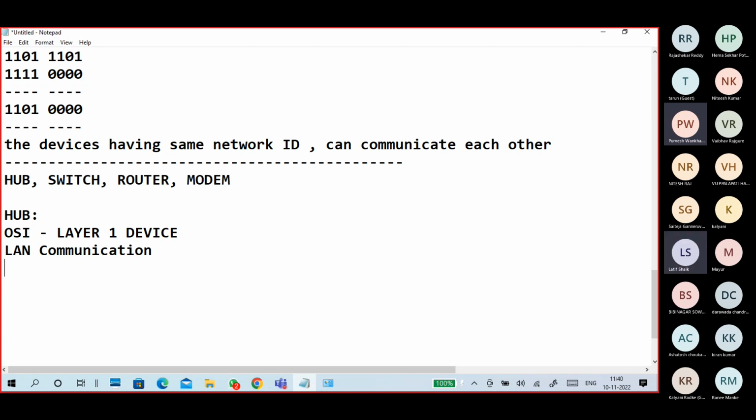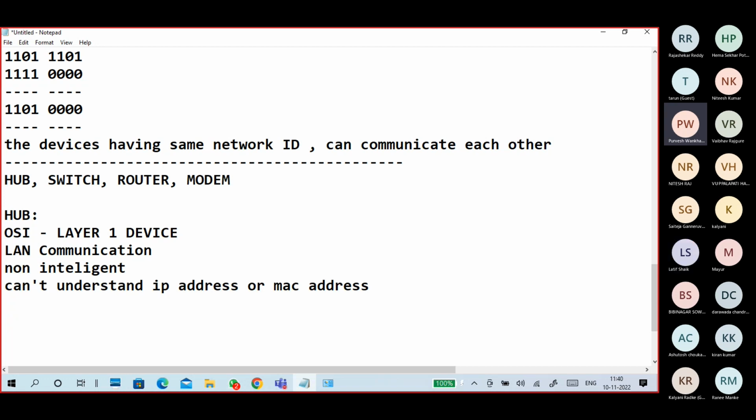Okay, we cannot use in WAN communication. Non-intelligent. No intelligence. It cannot understand IP address or MAC address. Both are not understood by it.